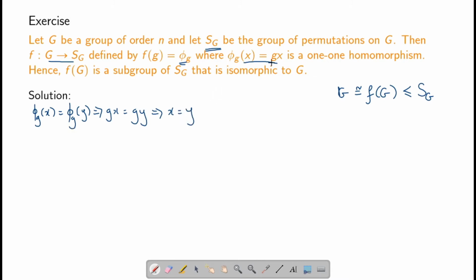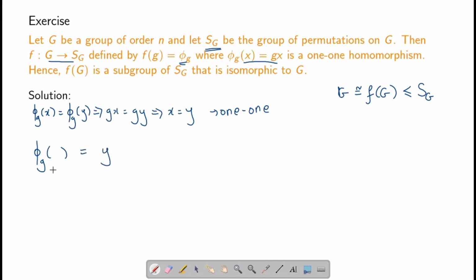Now, how do we see that phi_g is onto? To see that phi_g is onto, you start with any y in G. What should be the pre-image of y? We want something that maps onto y.